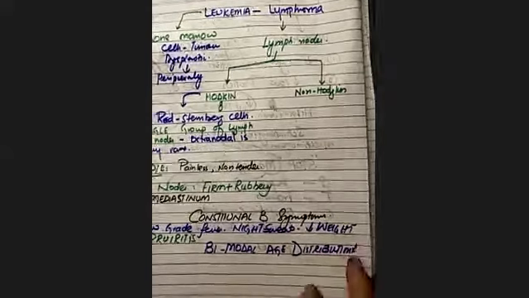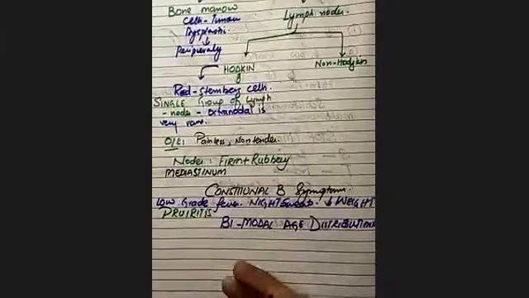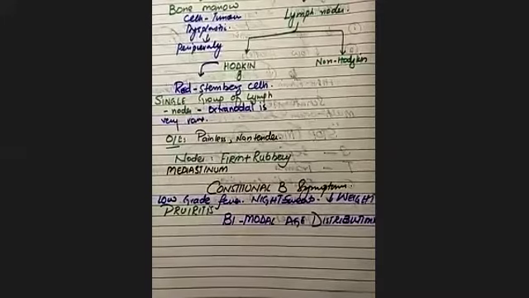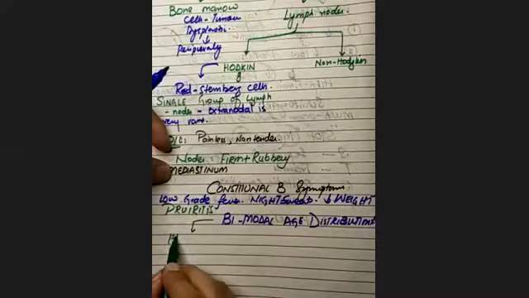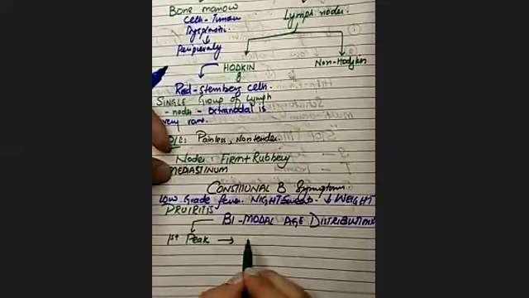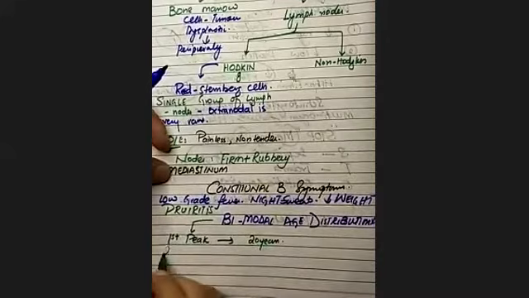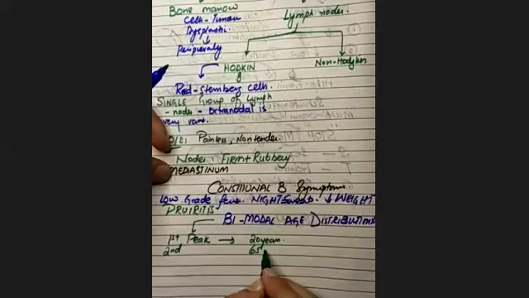The first peak is at 20, so it's more common in 20 years old, and the second peak is 65 years old.